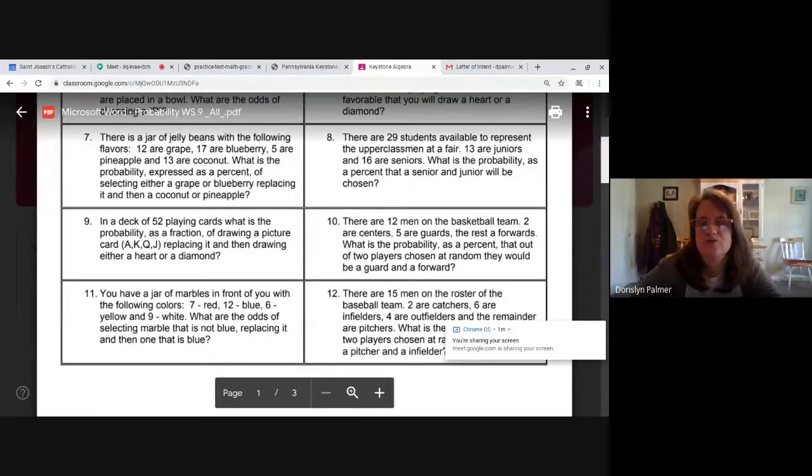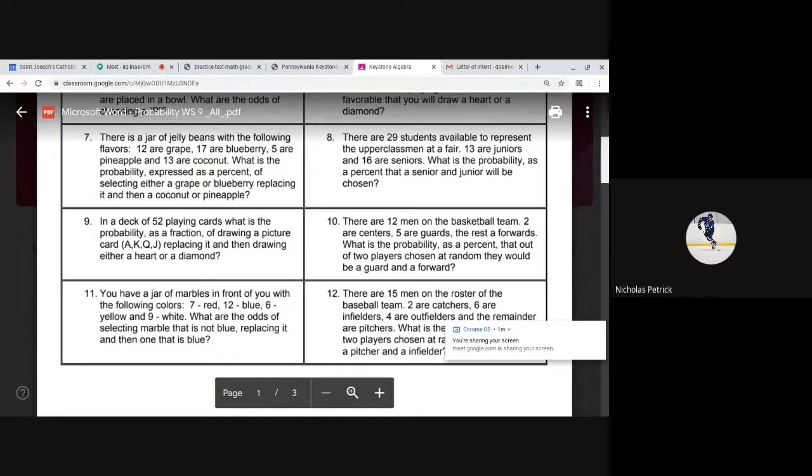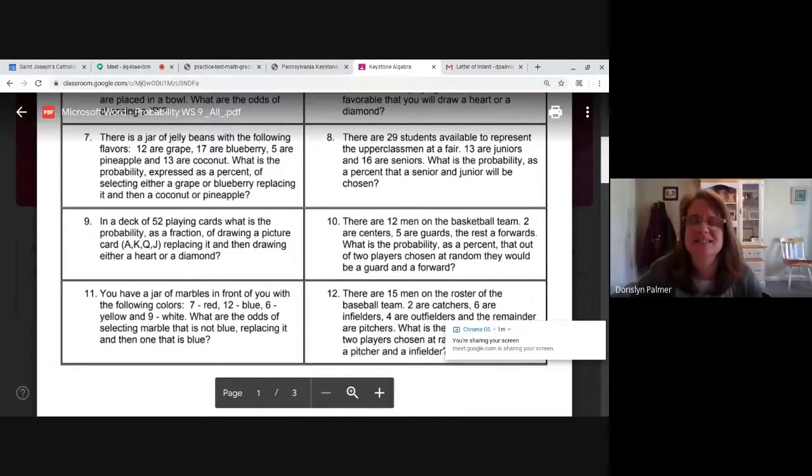So 12 minus 5. 7. Okay, good. But we don't have 7 forwards, there are 2 centers. Oh, sorry, I didn't see the centers. Okay, 2 centers, 5 guards. The rest are forwards. You're right, 5.